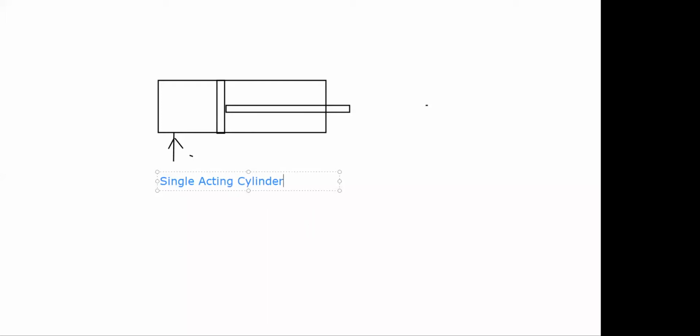Why is it a single acting cylinder? Because there is entry of fluid in only one direction. The pressurized liquid which is coming from the pump lies only in this one direction of the piston. That's why it is called a single acting cylinder.